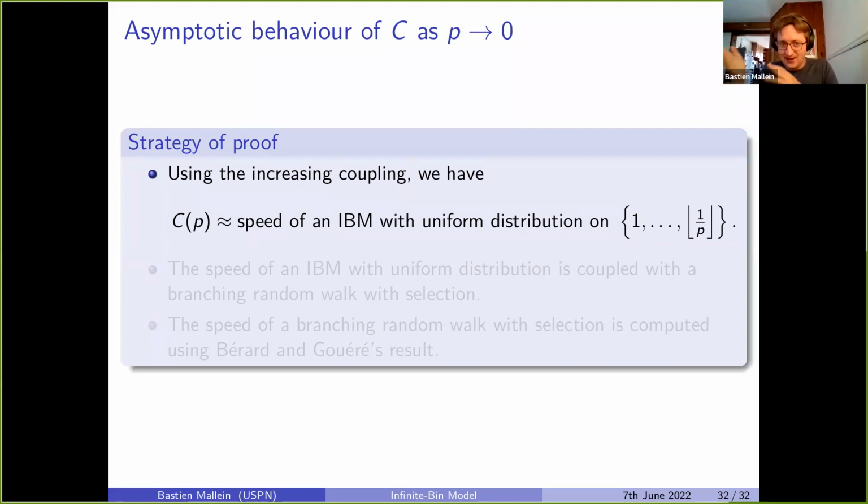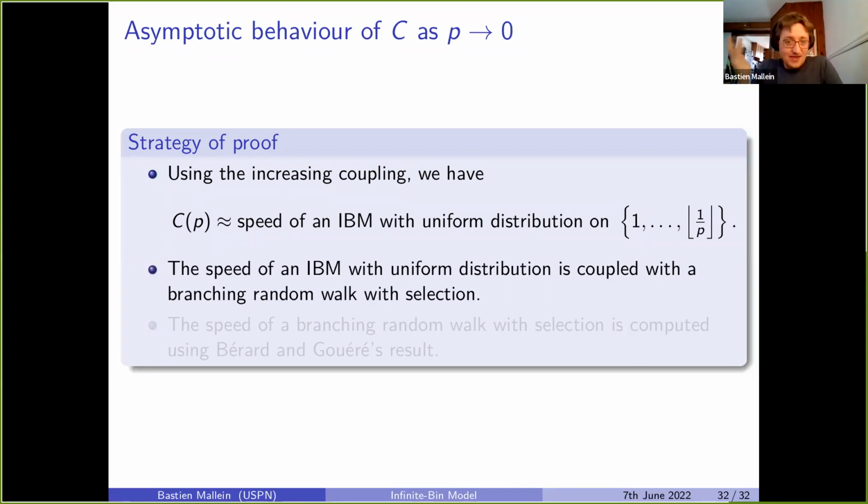And so the idea is really to formalize this connection, to say that I can do a very nice coupling between the infinite bin model with geometric distribution of small parameter p and the infinite bin model with uniform distribution. As I mentioned, this model of infinite bin model with uniform distribution was studied by Aldous and Pitman.